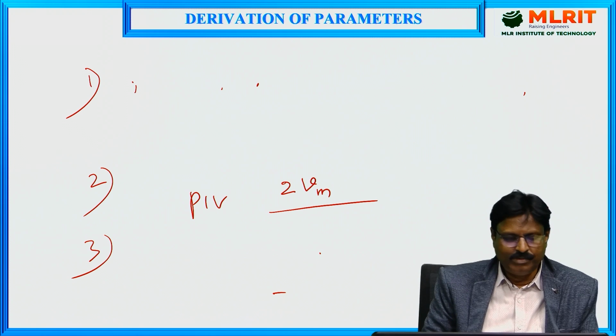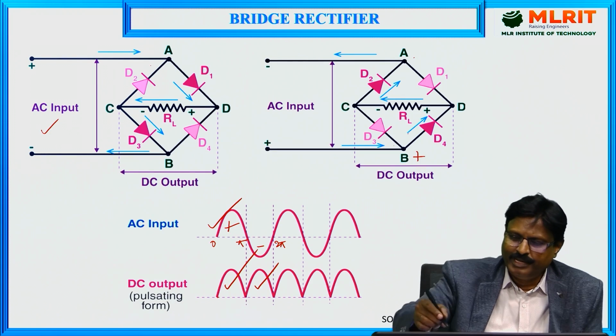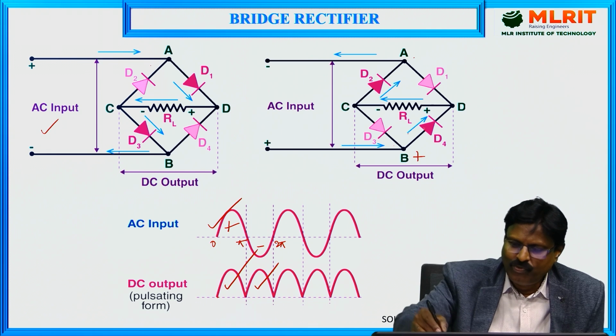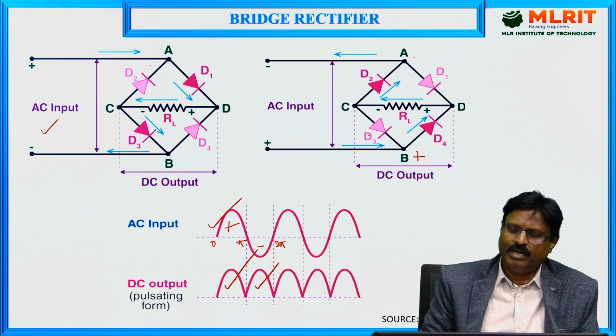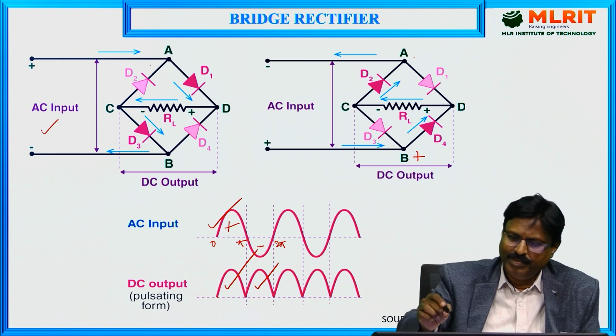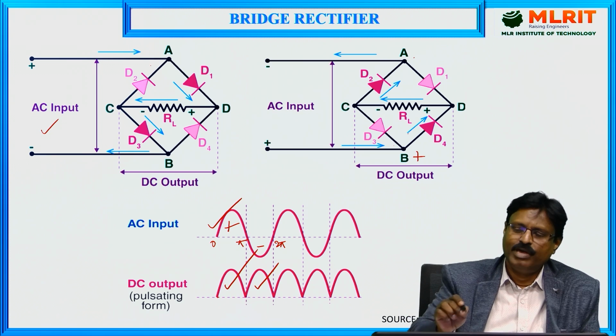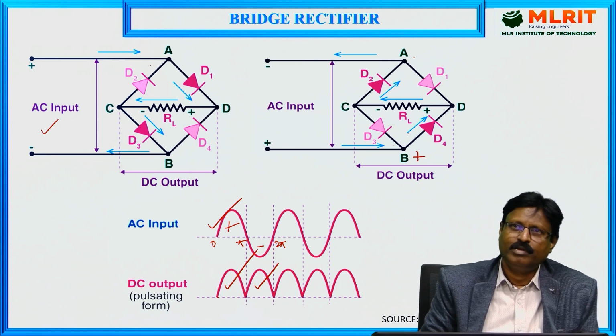Okay, so what happens here? Let us see this diagram. Total 4 diodes are there, out of which 2 diodes are active and 2 diodes are non-active. Active means they are forward bias, non-active means reverse bias.